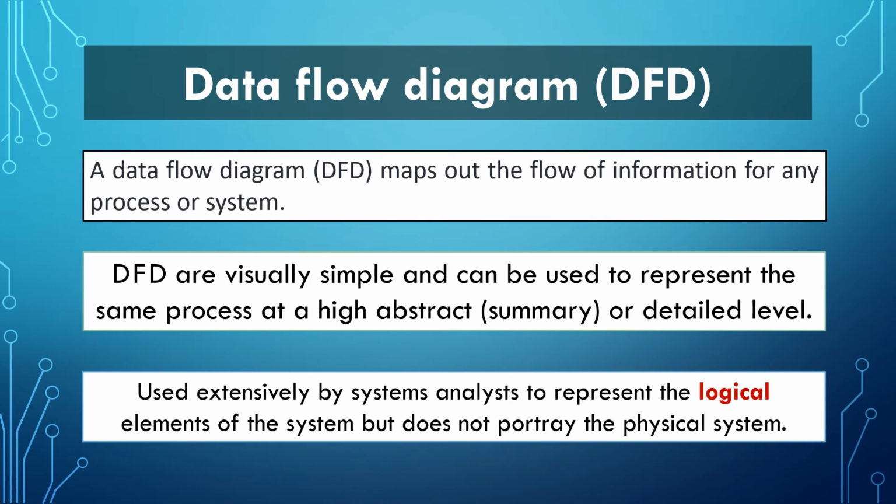Okay, then as I said, DFD is used extensively by system analysts to represent the logical elements of the system, but does not portray the physical system. So it does not affect the physical understanding of the system.